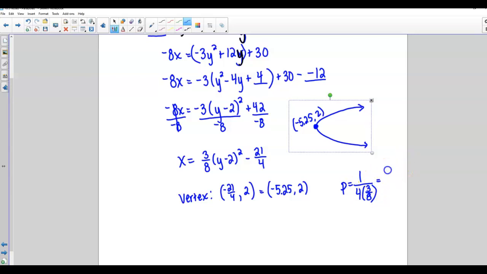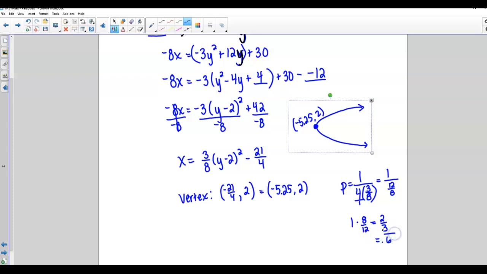And so that's 1 over, that 4 is like 4 over 1, so it's 1 over 12/8. Dividing fractions is easy as pie. Flip the second and multiply. So 1 times 8 over 12. This is just 8 over 12. Of course, 8 over 12 will reduce. You could divide both of those by 4, and you'll get 2/3, or 0.6 repeating.